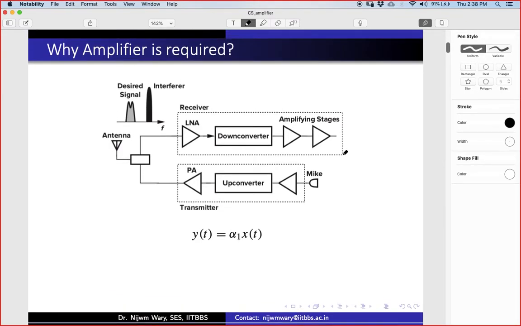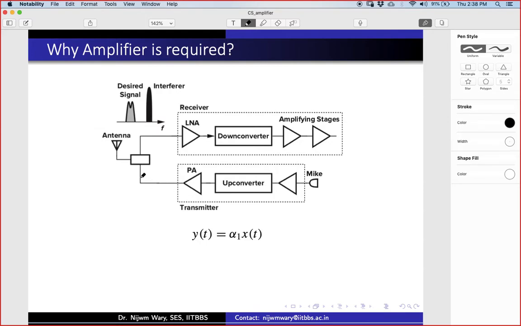For example, we have this kind of RF communication, whether it may be transmitter or receiver. So I have this antenna. So I have my receiver here, and at the receiver I have this LNA. LNA stands for the low noise amplifier, right? And I have this power amplifier at the transmitter end.